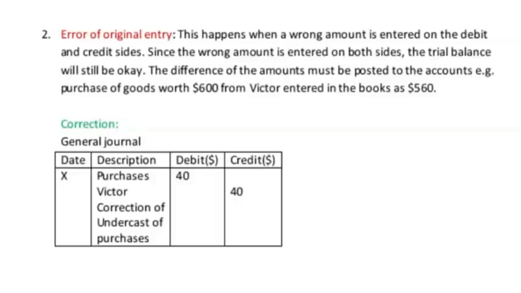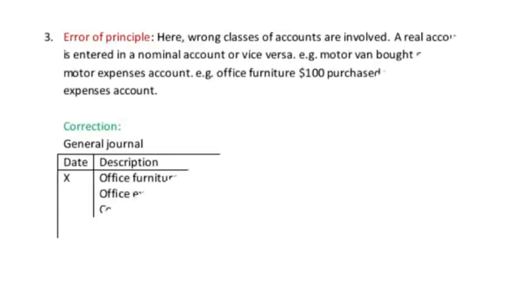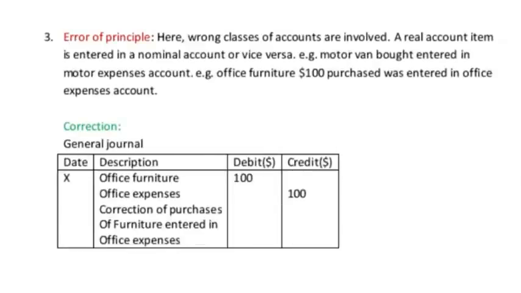Example: purchase of goods worth $600 from Victor entered into the books as $560. Correction: open journal, debit purchase and credit Victor with $40, with narration, correction of undercast of purchases, and then post to the ledger.